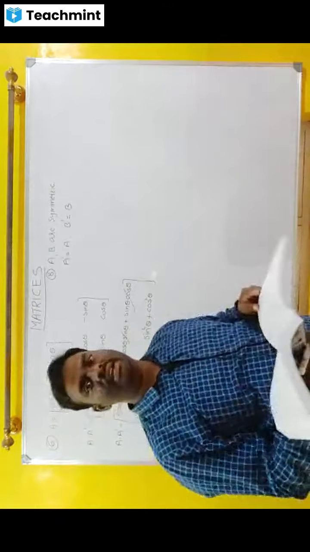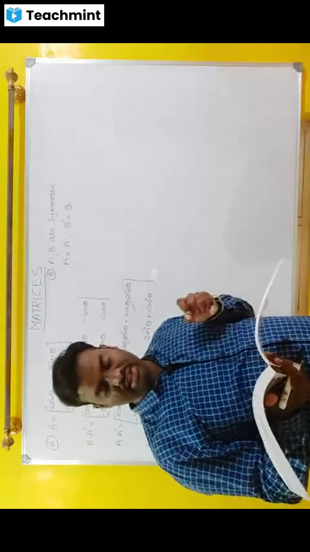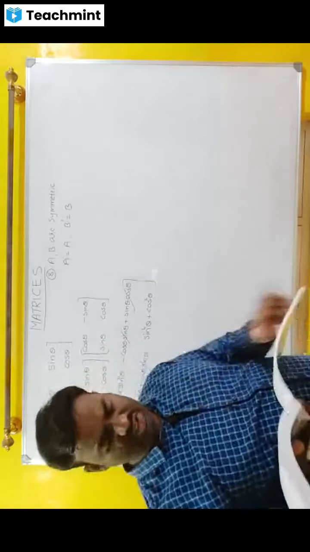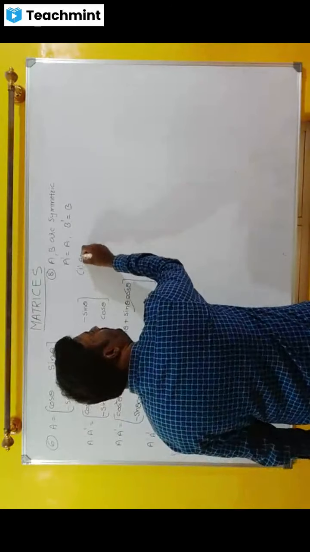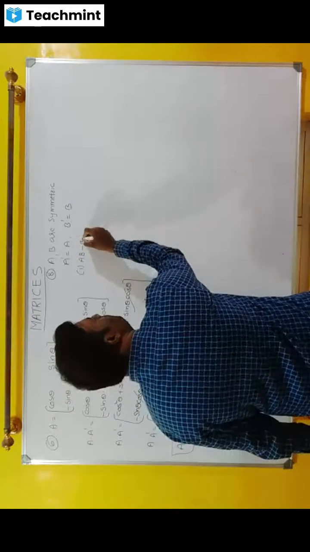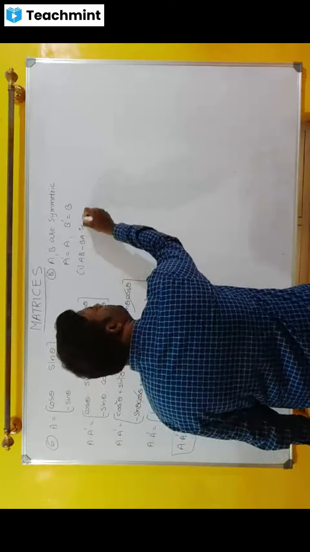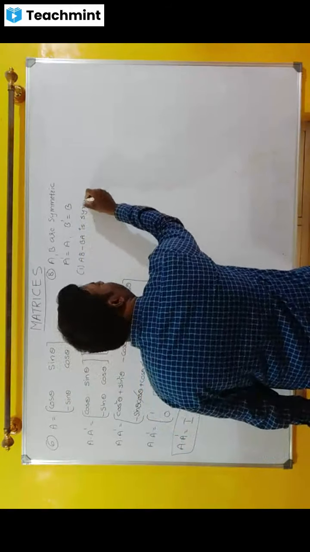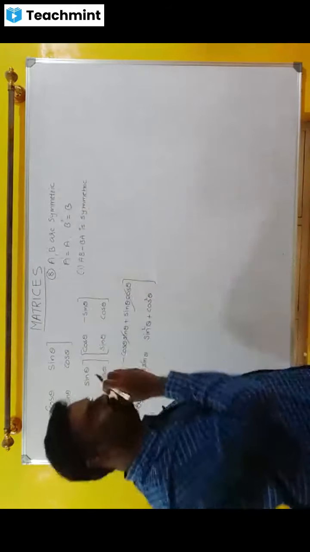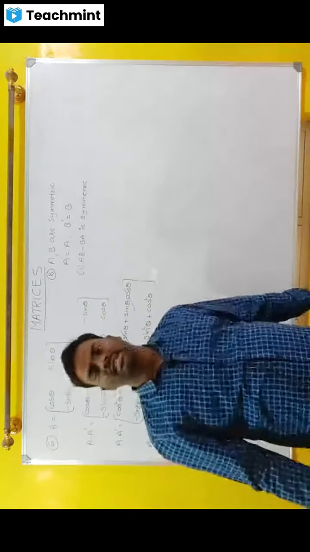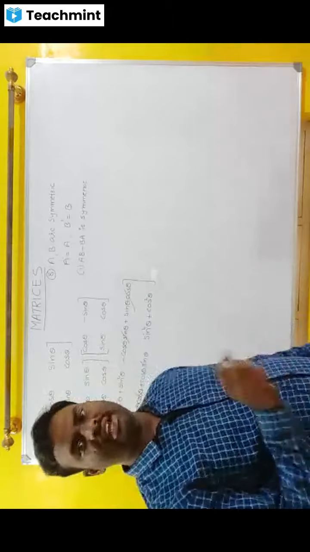Now we need to find which of the following is not true. I'll go with the first option. What is given in the first option? AB minus BA is symmetric. We need to verify whether this is right or wrong.